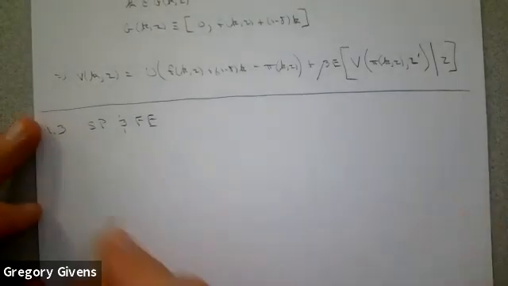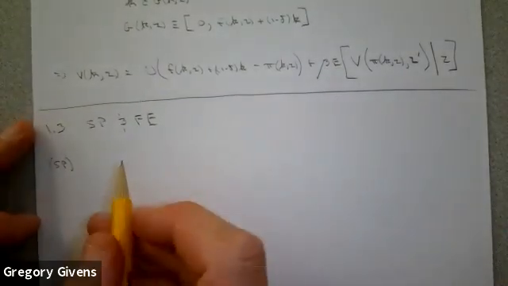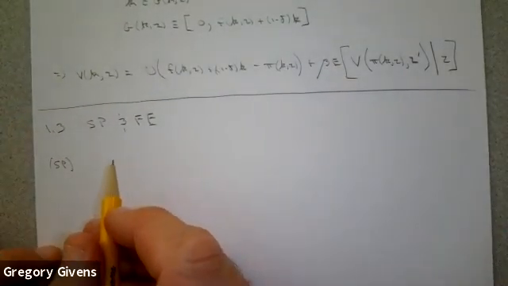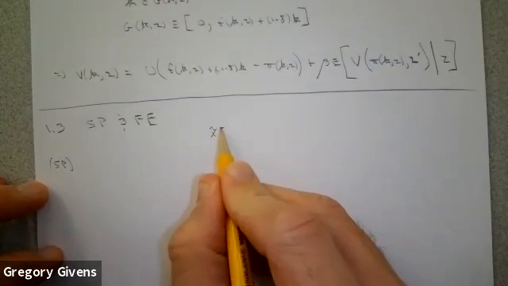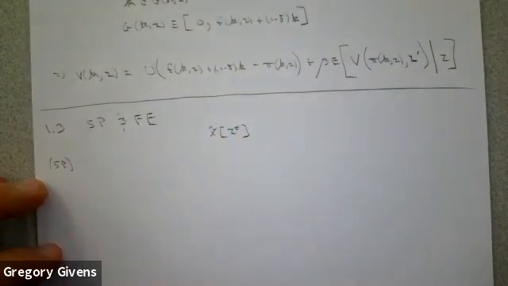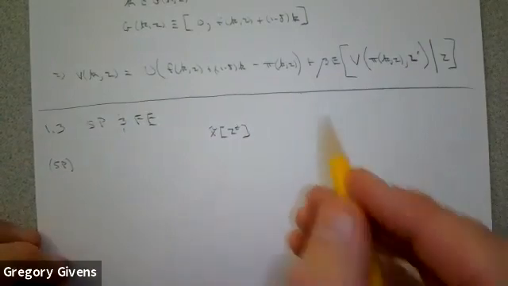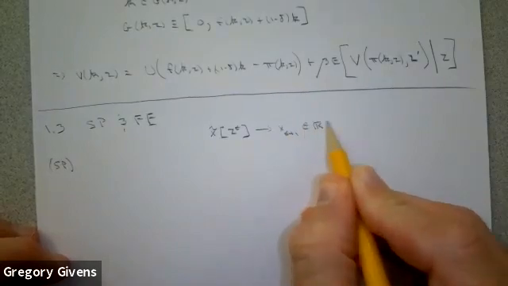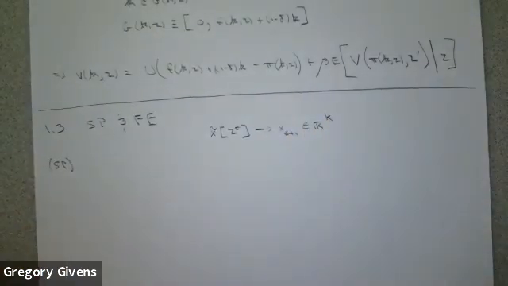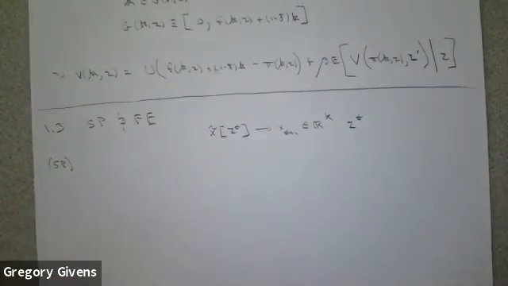Okay, so let me write what the sequence problem looks like in generic form. I'm going to define x tilde of z superscript t to be this plan that specifies the value of x t plus 1, which has to be an element of k-dimensional Euclidean space, for a particular history of shocks up through period t.